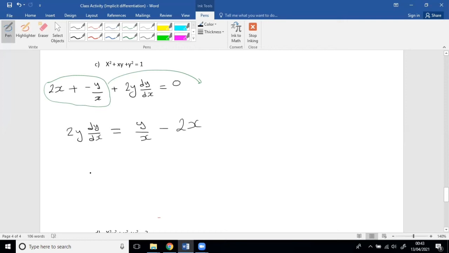There you go. And then I can make dy dx the subject, so dy over dx should be equal to y over x minus 2x, divided by 2y. And this is my final answer.